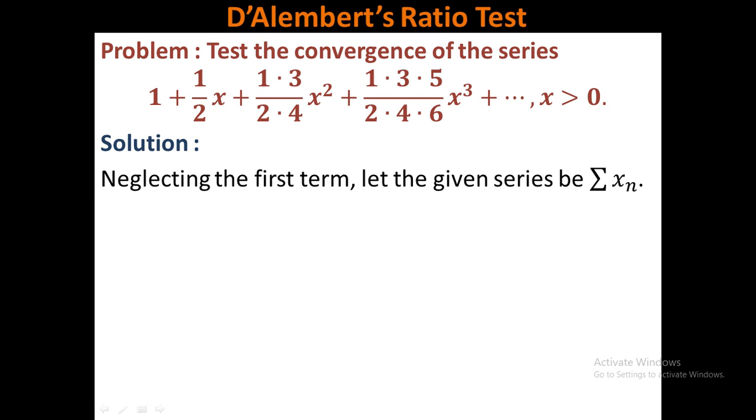You know that this was proved in part 1 or part 2, maybe you can see that video. If you remove the first term, this will be the first term, this the second term, this the third term. Just imagine the series starts from 1 by 2 x plus 1.3 by 2.4 x square plus and so on. So the nature of the series does not change.